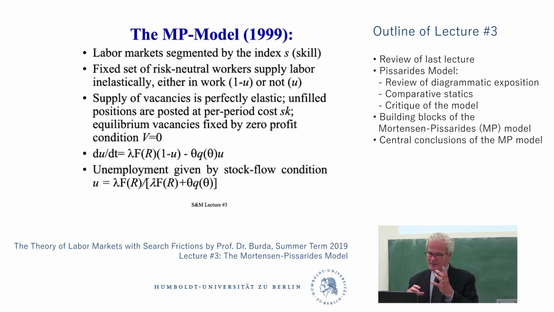And F is given by the matching function, which is theta times this vacancy placement rate, which is also a function of theta. Again, you could write F of theta, but in the interest of efficiency, we know that if we know Q, we can derive what F is going to be given theta.